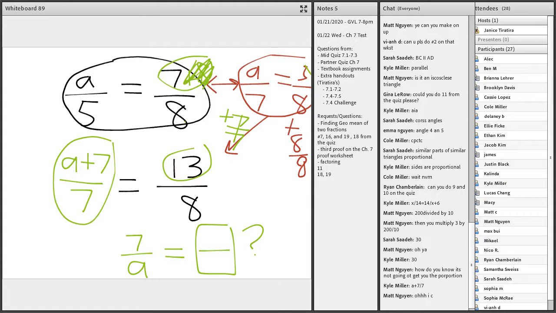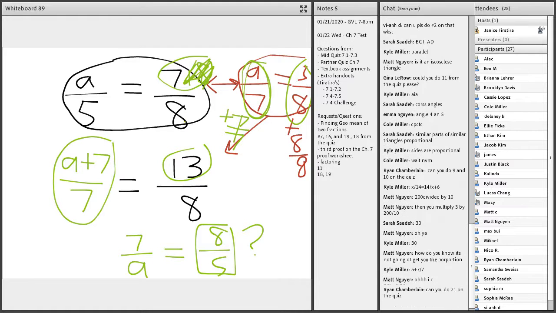And that would be 8 over 5. Final answer. So I just looked at this one and turned it upside down, so I have to turn this one upside down. So make sure you're able to change them up, and when you do change them up, your cross products are always the same, so that doesn't change.